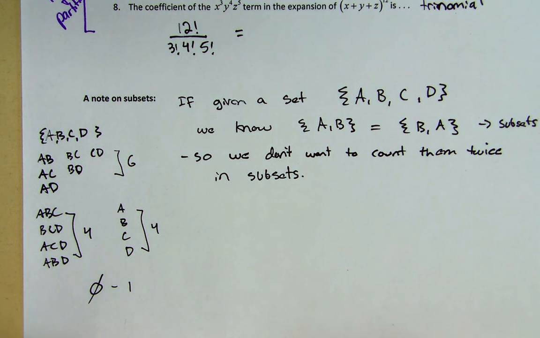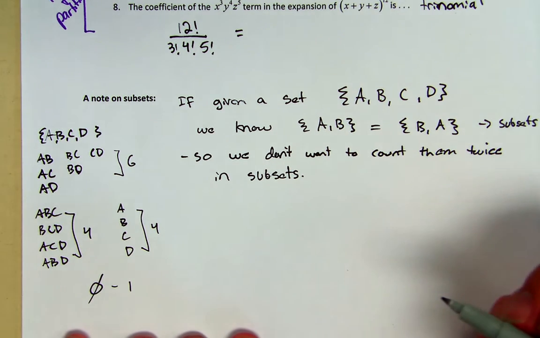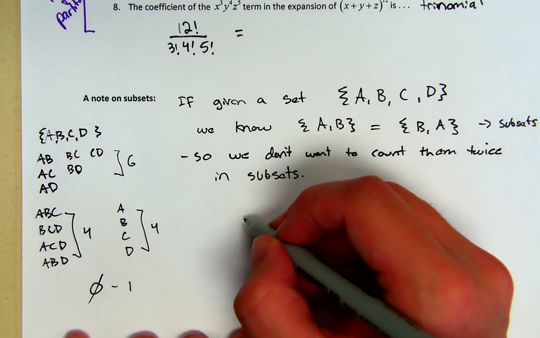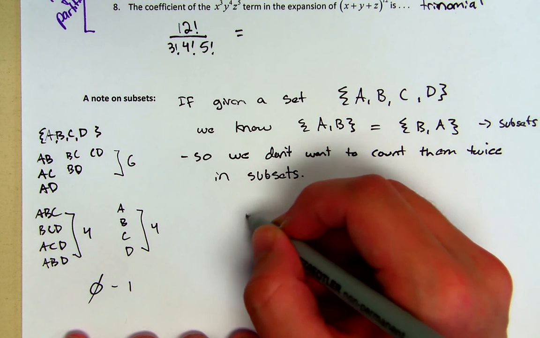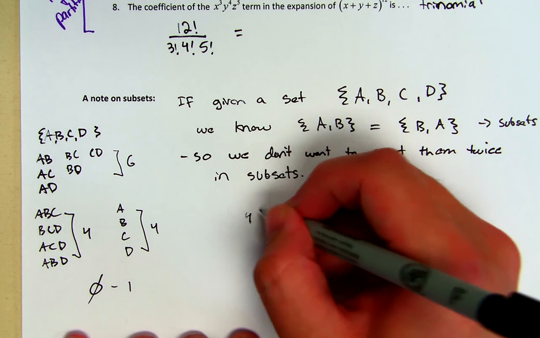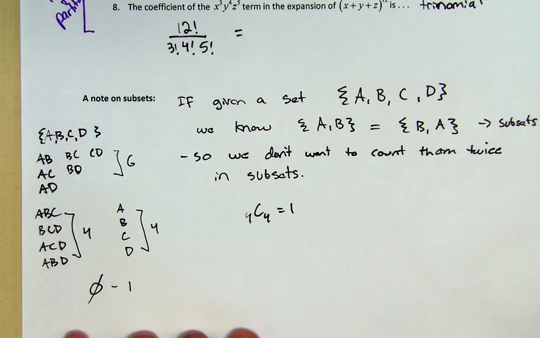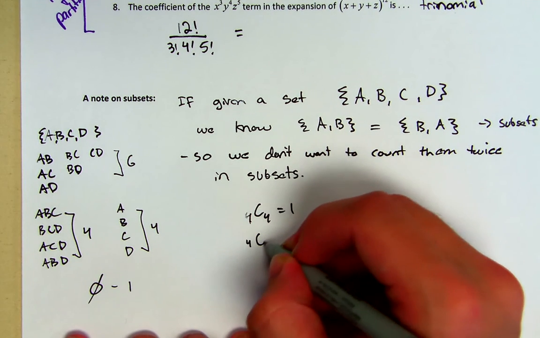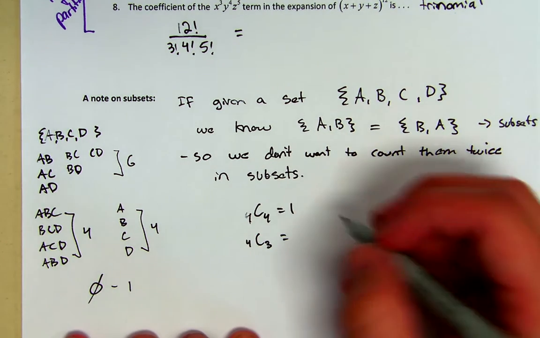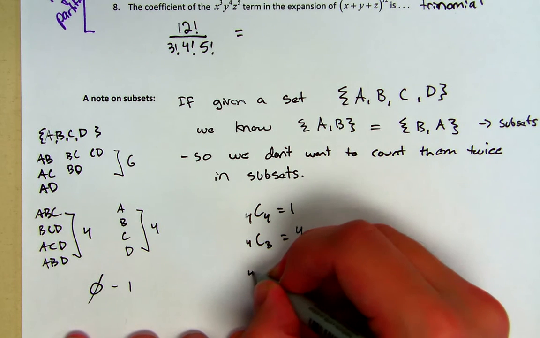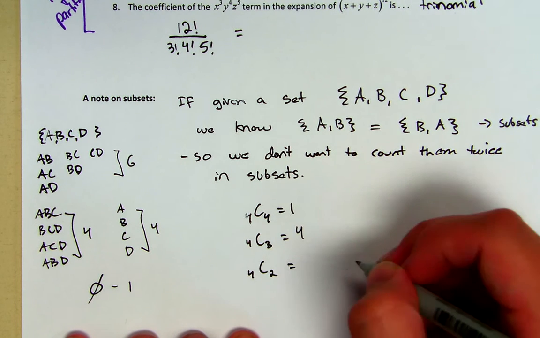So basically what I'm getting at here is that you need to use combinations to figure this out. What if I take 4 terms and I'm going to choose all 4 of them? That's 1. What if I take 4 terms and I just want to choose 3? Well, that's 4. What if I take 4 terms and I want to choose only 2 of them?